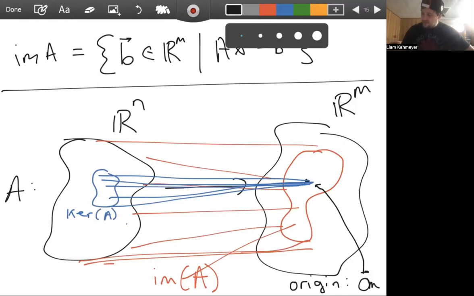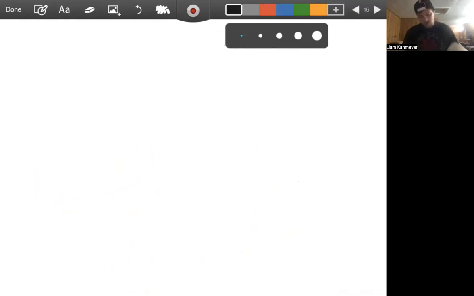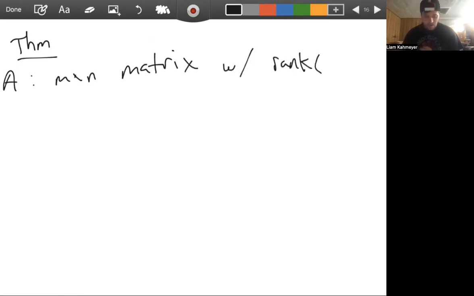Let's look at a theorem with regard to the kernel, and then let's see if we can do some examples here. Okay, theorem. Let A be an m by n matrix with the rank of A being r.